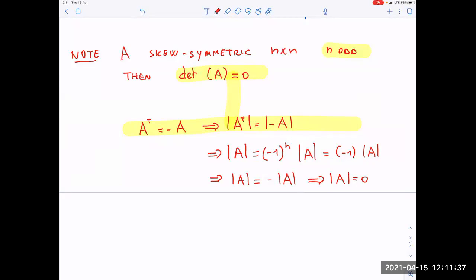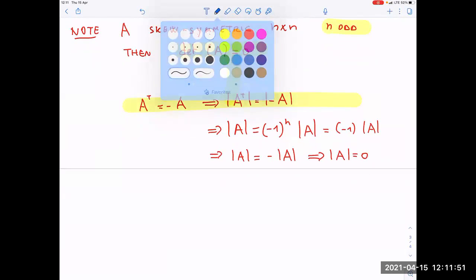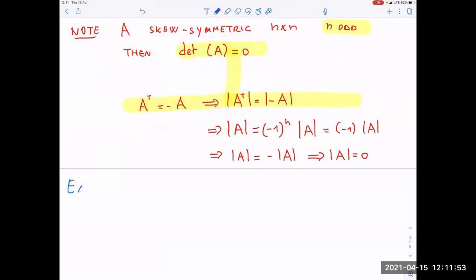Okay, so let's say something more about subsets and subspaces. So I just copy the text here. If you don't have the latest version, everything should be fine. So let's see, for example, this one.